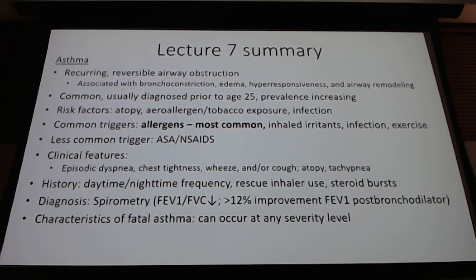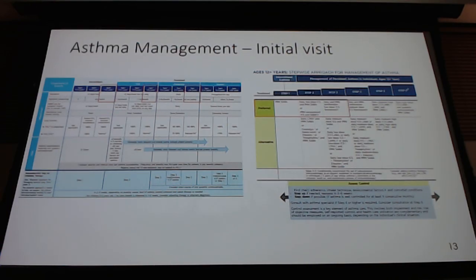It was Samter's triad. Less common though, but this is the big one, is the allergens. And we've gone over the spirometry. So this is less useful for the test.